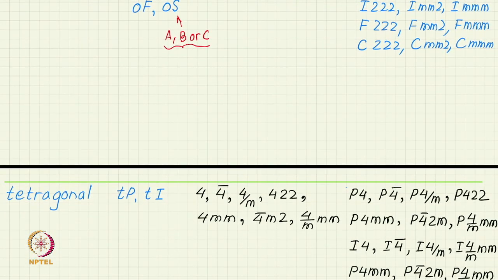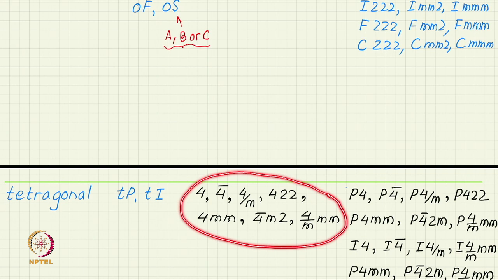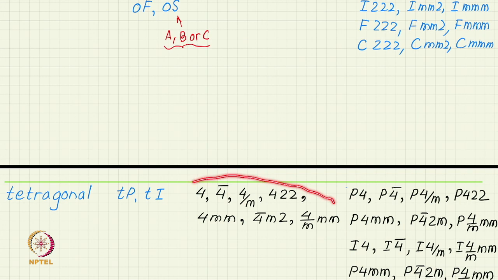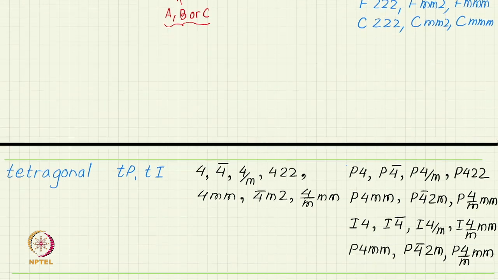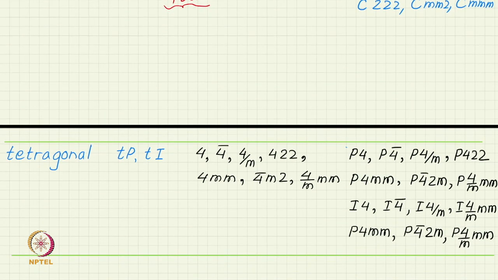Tetragonal has now 7 point groups. The required symmetry is a single 4-fold or 4 bar, that, as we have seen in the analysis of 32 point groups, gives us 7 tetragonal point groups, and there are 2 tetragonal Bravais lattices, T P and T I. So, if I combine the 7 point groups with these 2 lattices, I get 14 space groups which are represented here.